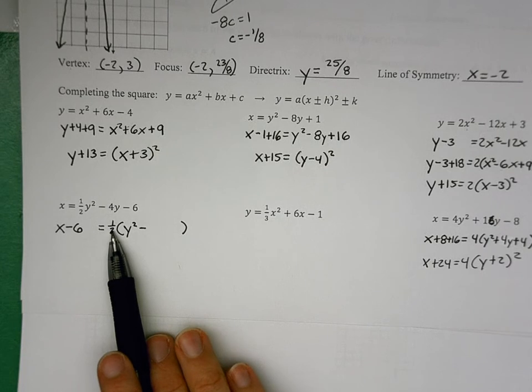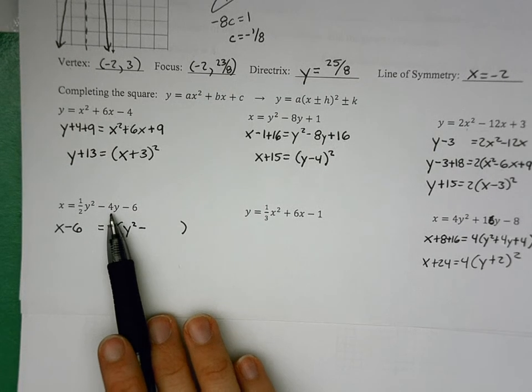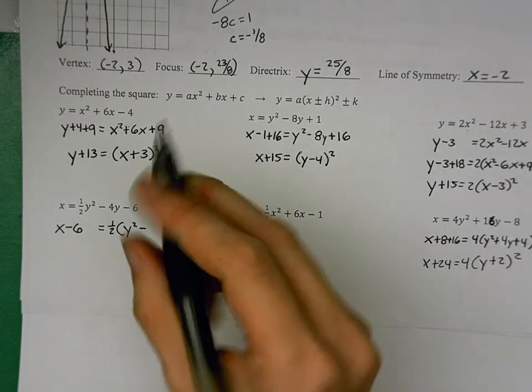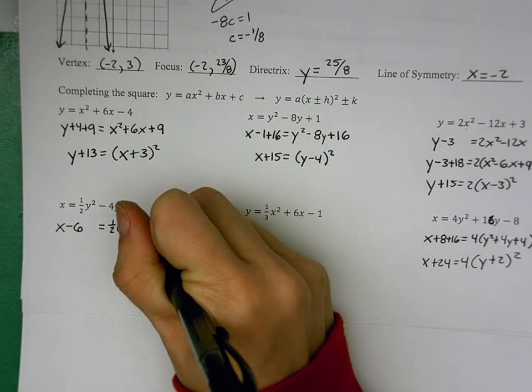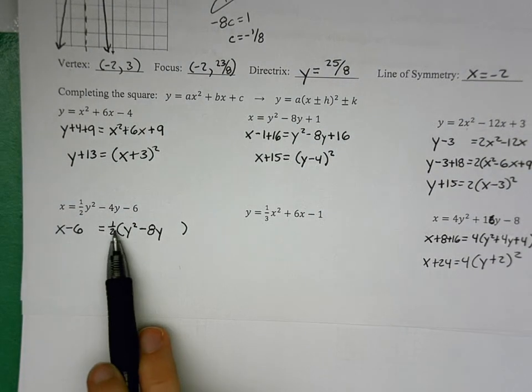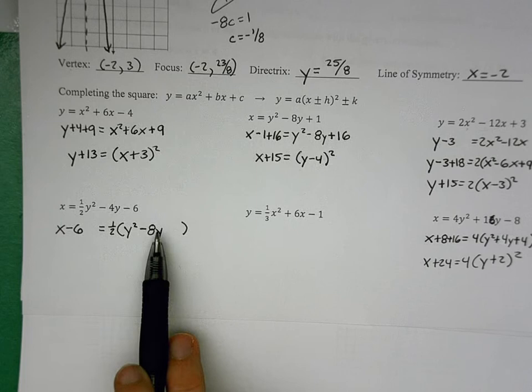Dividing by a fraction is the same thing as multiplying by its reciprocal. So when we factor out the 1/2, when we divide 4 by 1/2, we're actually multiplying 4 by 2. And so this is 8y. And you can always double check that by redistributing, right? 1/2 distributed back in would be 1/2 y squared, check. 1/2 times 8y, 4y, check.